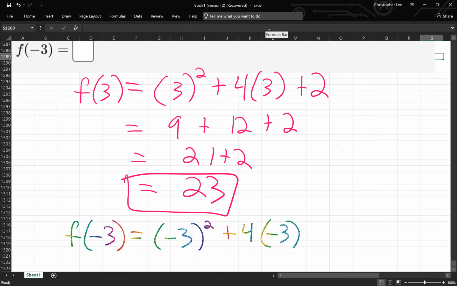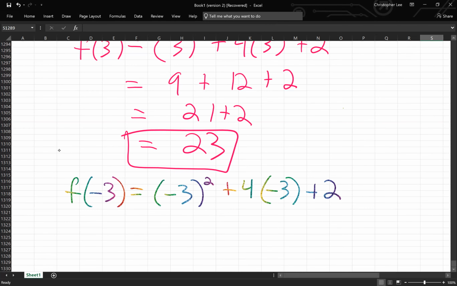All right, so I'm just plugging in negative 3 right here. What's negative 3 squared? 9. And then what's 4 times negative 3? Negative 12, and then plus 2. What's 9 minus 12? Close, negative 3.